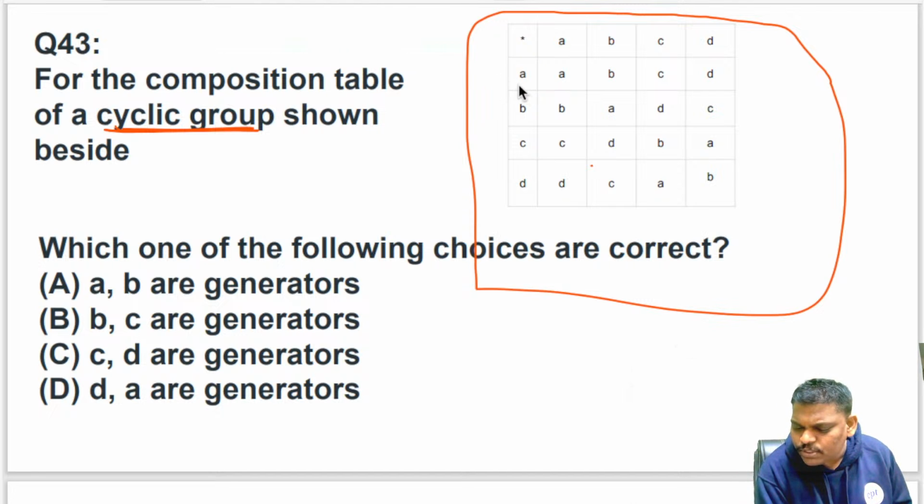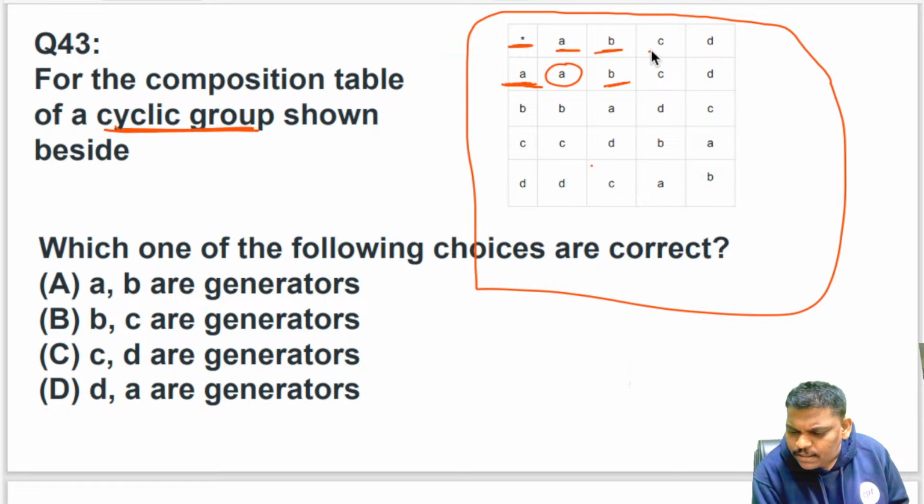See this one. A star A is equal to A. A star B is equal to B. A star C is equal to C. A star D is equal to D. What is the meaning? A star operator with anyone only gives that same element back.